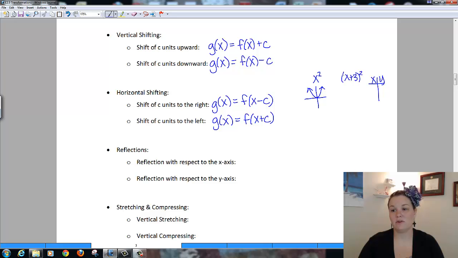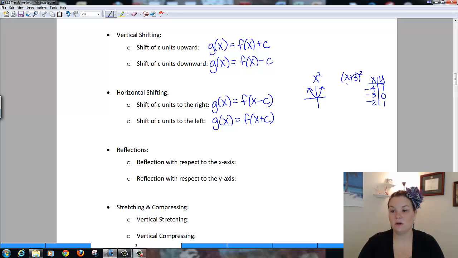The x value of the vertex is the value that makes the inside of the squared quantity 0. That's the absolute middle, which here x would have to be -3. So I could plug in -4, -3, -2. If I plug in -4, -4 plus 3 is -1, squared, I get 1. When I plug in -3, -3 plus 3 gives me 0, which when I square it is still 0. And when I plug in -2, -2 plus 3 is 1, which when I square it gives me 1.